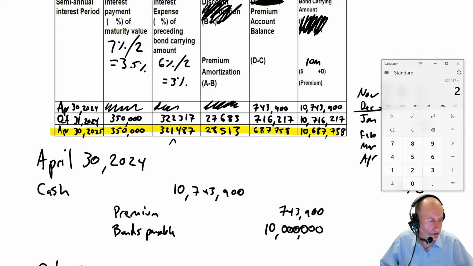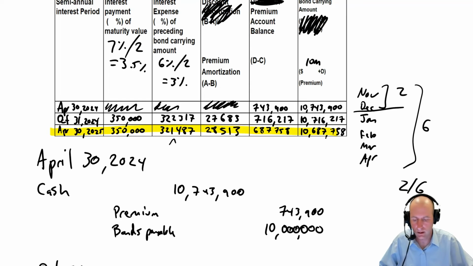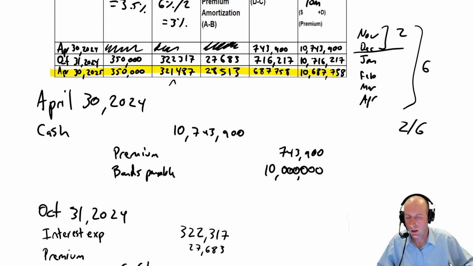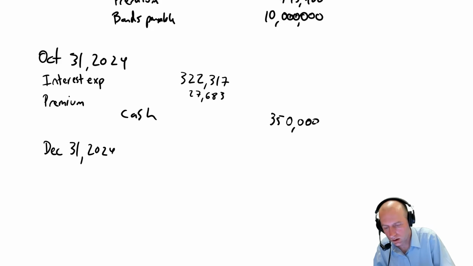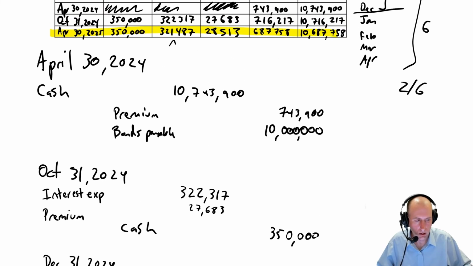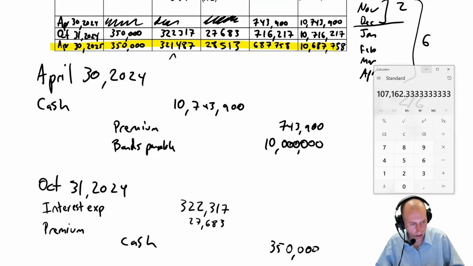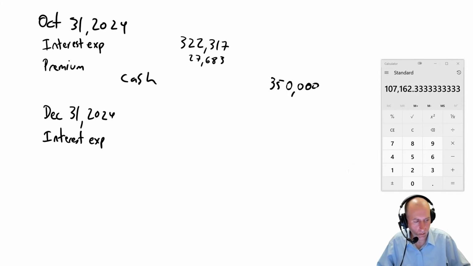321,487 times 2 divided by 6. 107,162 is our interest expense for our fiscal year on December 31st. That amount again was 107,162.